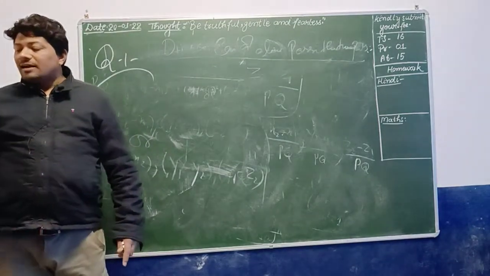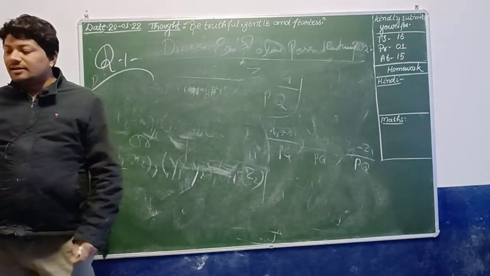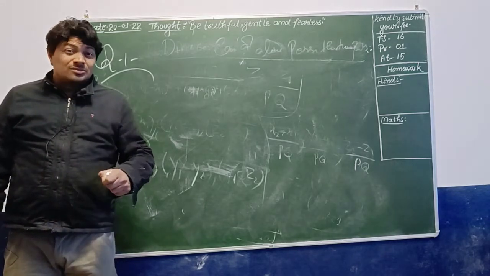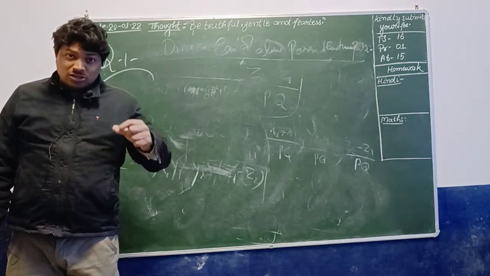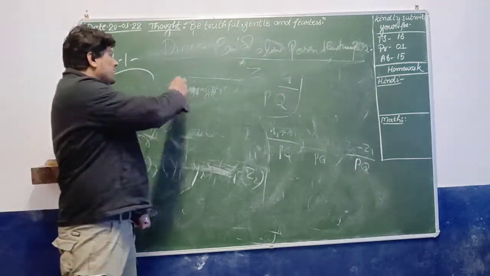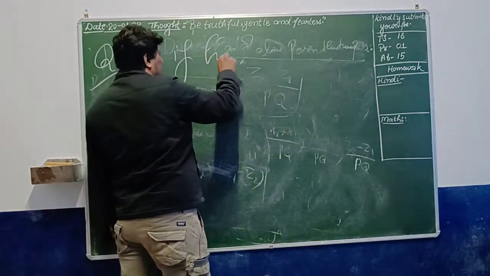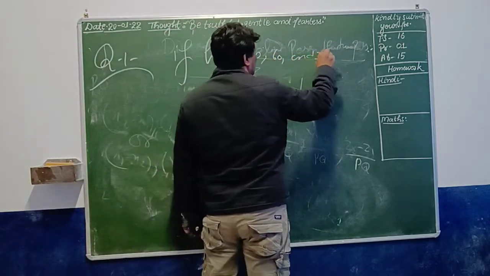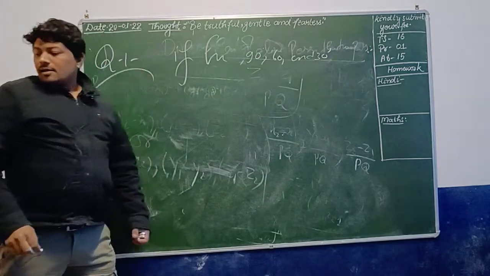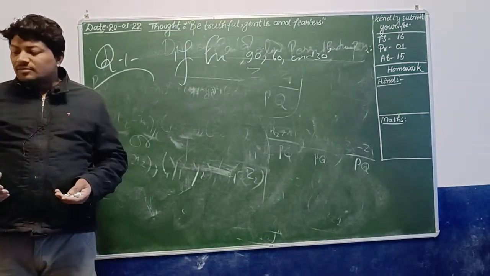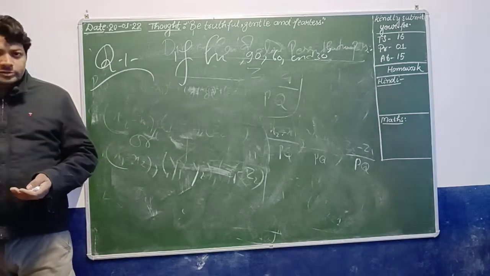If a line makes angles 90 degrees, 60 degrees and 30 degrees with the positive direction of the x, y and z axes respectively, find its direction cosines.